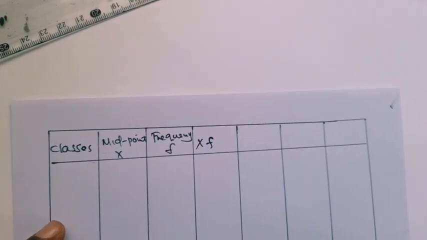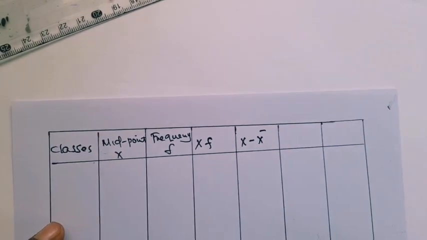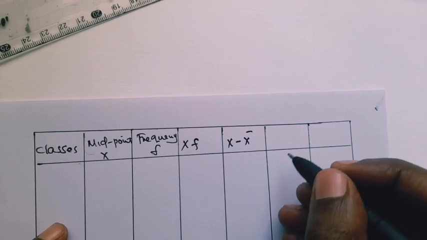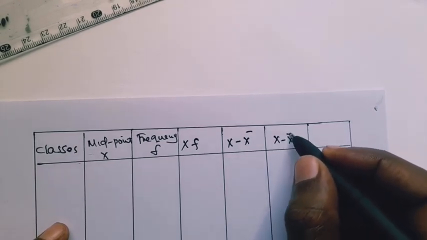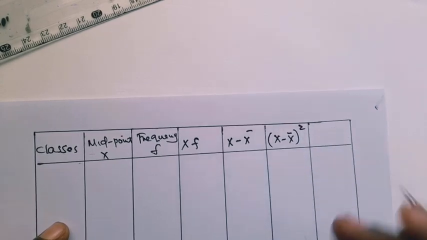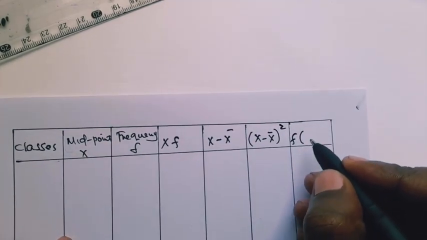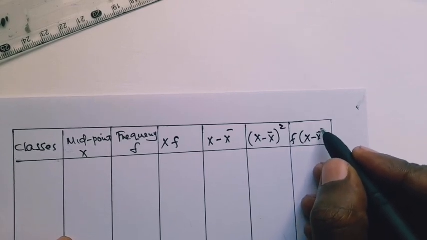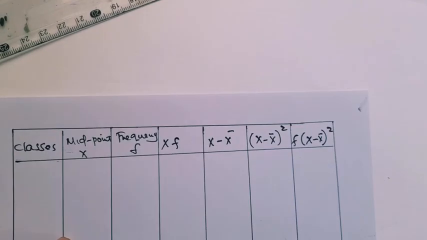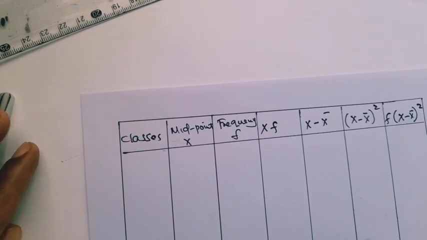And then the fifth one is the mean deviations. And then the sixth one is the square of the mean deviations. Then we shall have the product of the mean deviation and the frequency, the mean deviation squared and the frequency.